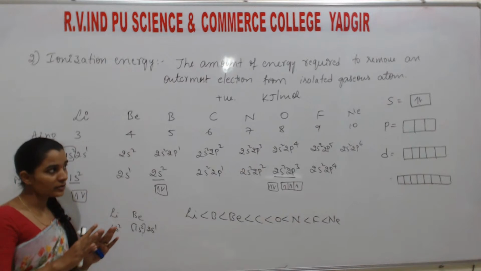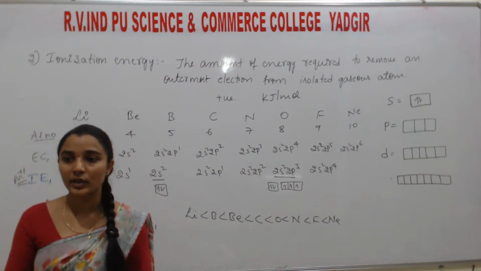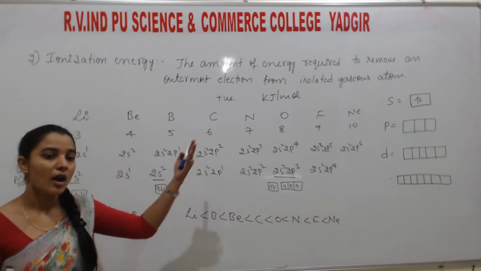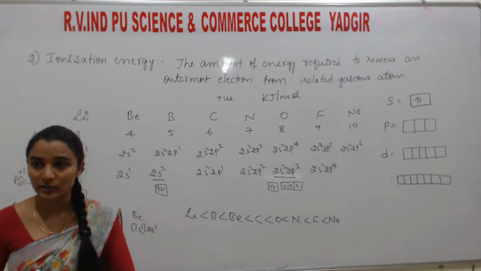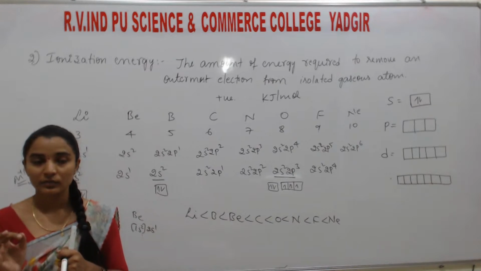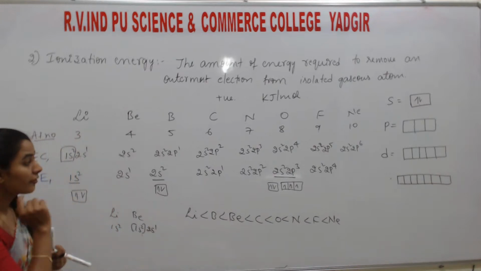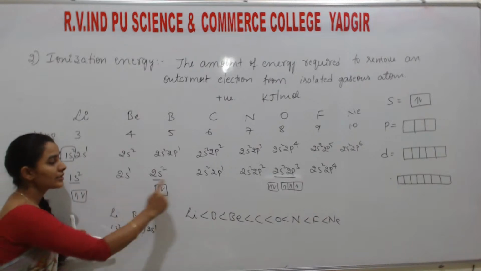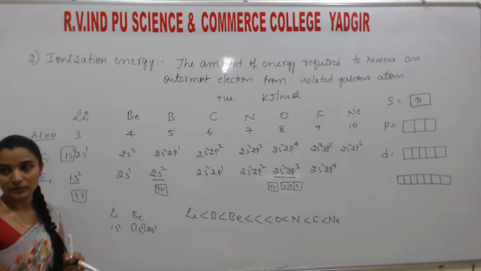Understand? So in the trend, students, we can easily say along the period ionization energy increases, along the group ionization energy decreases. But when we compare the ions, the ionization energy depends on the stability of the configuration.